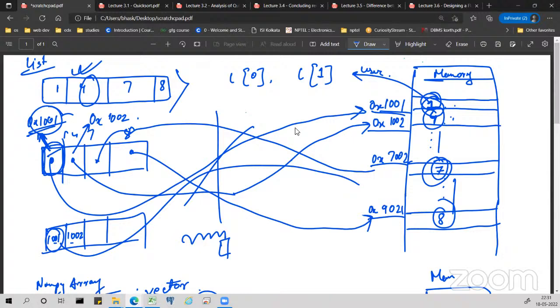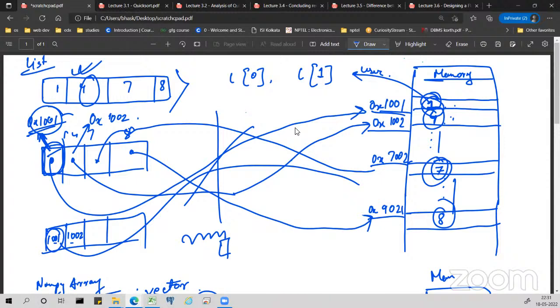Sir, is a list anywhere related to pointers, like we store the address of a memory location? Sorry, I did not get it. Can you please repeat? Sir, in the C language we have pointers. Is a list similar to that, sir? Because in a pointer also we store the address of a memory location.